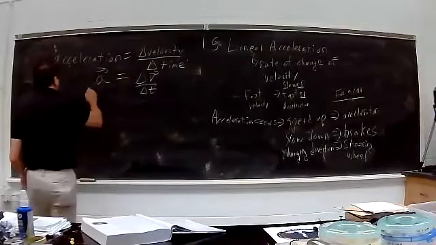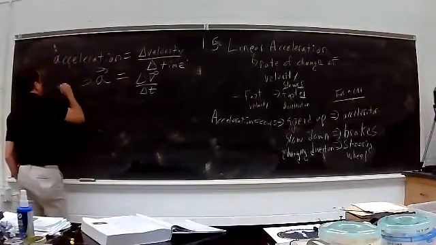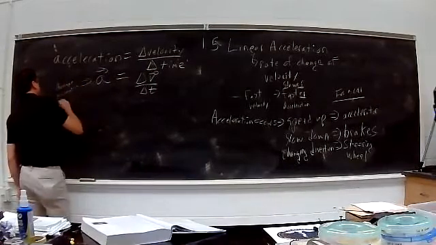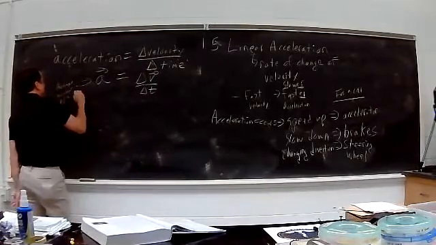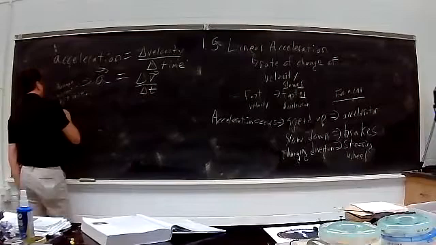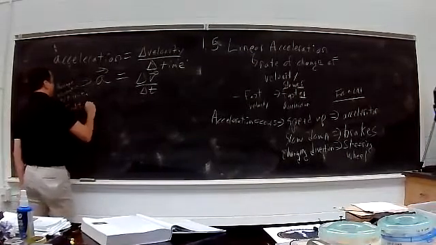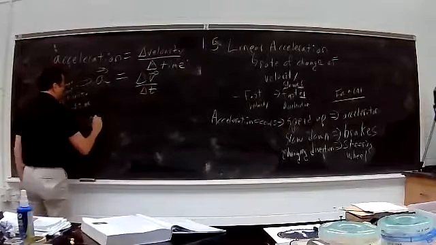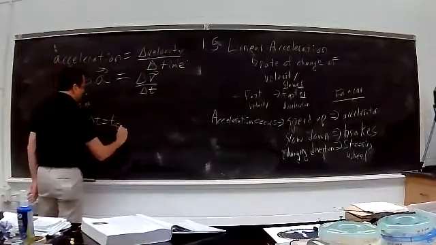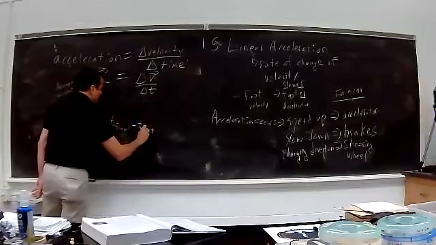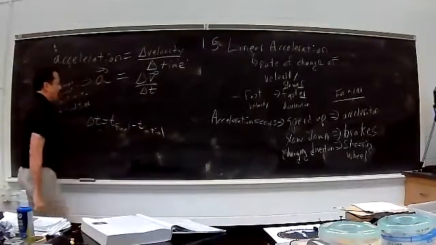Now, one thing I do want us to note, this is the average acceleration. That's between some initial and some final time. Because we know delta T is T final minus T initial.